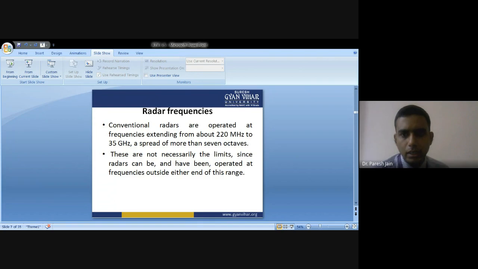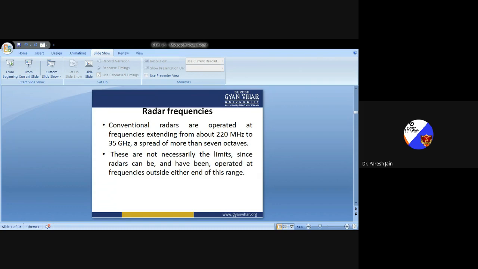Next is EHF, that is the extremely high frequency band, and it is the millimetric waves band, band number 11. So band 8, band 9, band 10 and band 11 are applicable in the radar frequencies or radar spectrum, and it is known as the radio waves for radar frequencies.